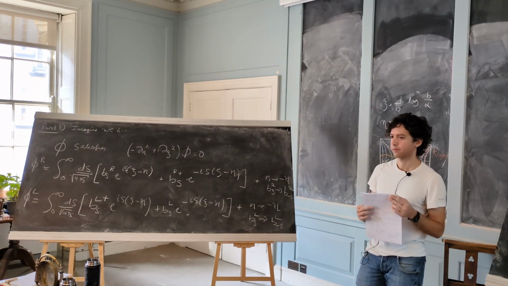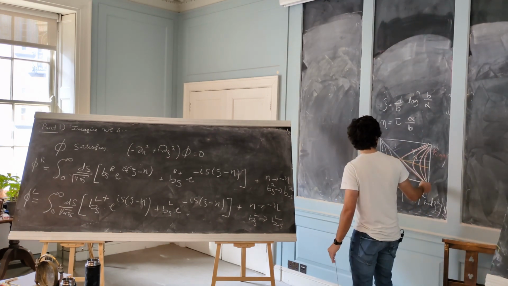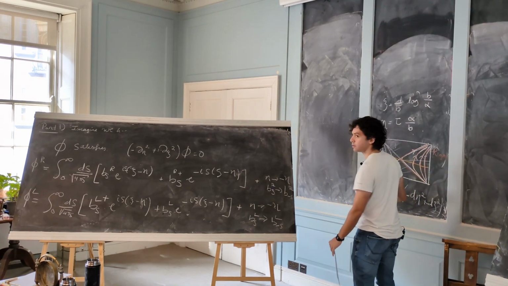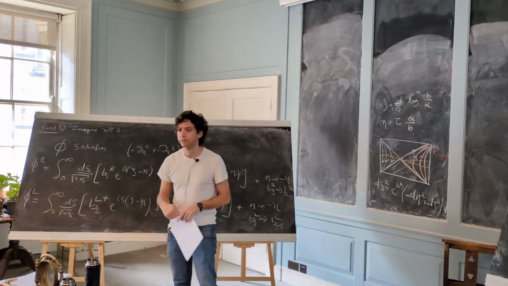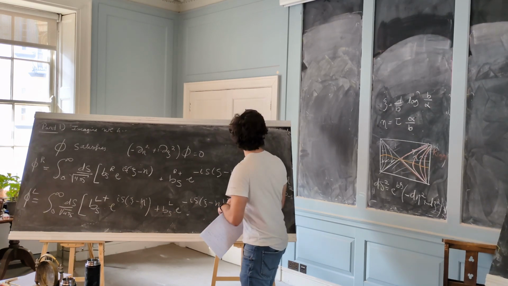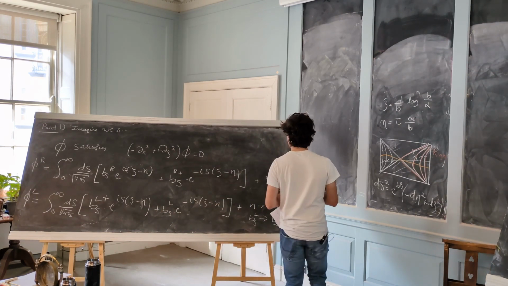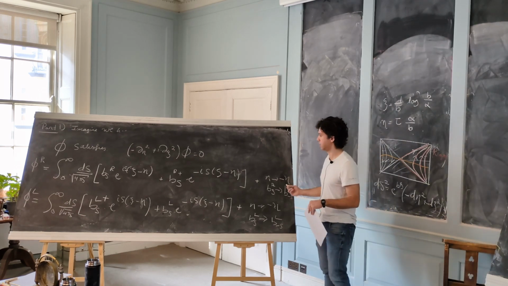Where is the horizon? Like at what coordinate? So it's at xi equals 0. Is this eta always positive? No, it's not always positive.